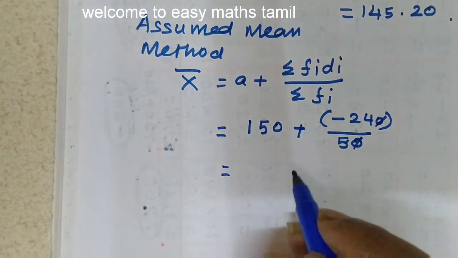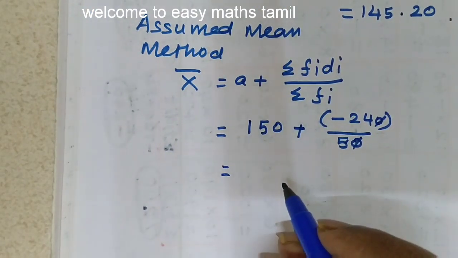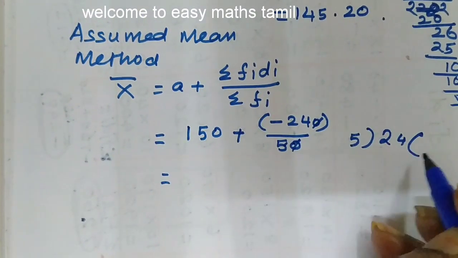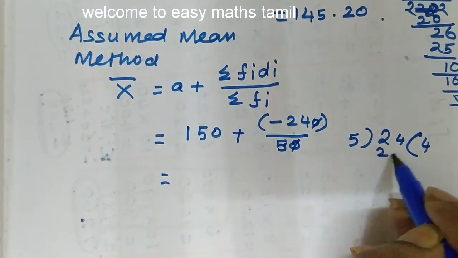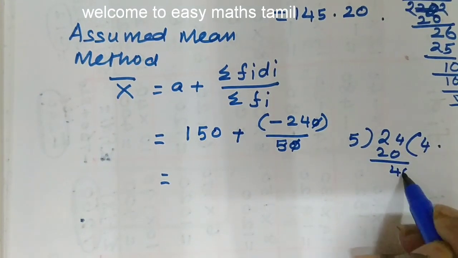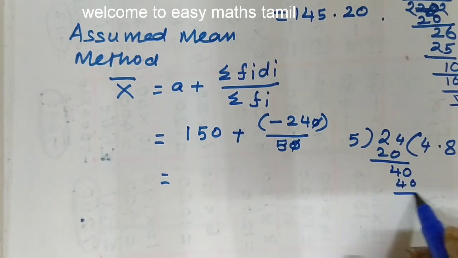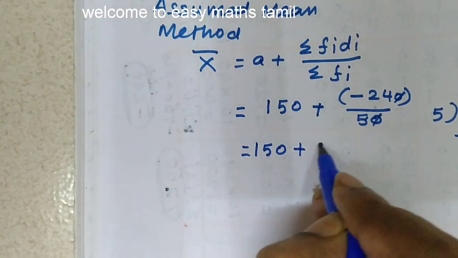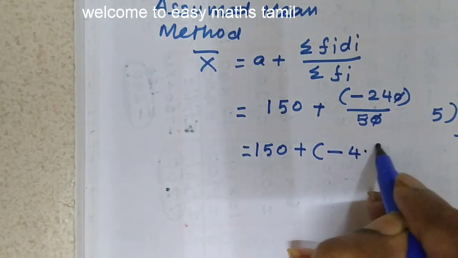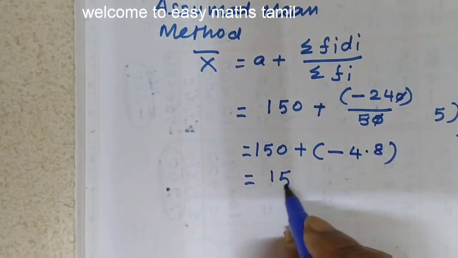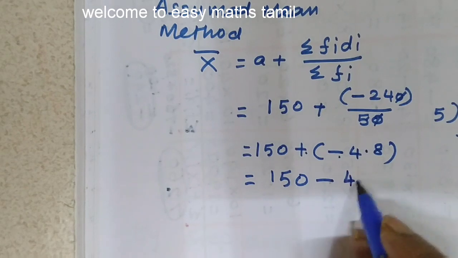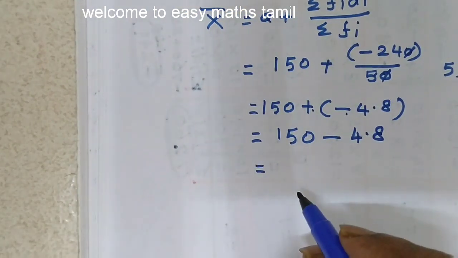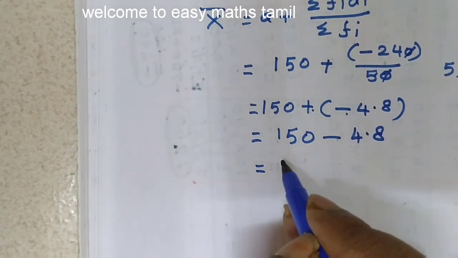So 150 plus minus 4.8, 150 minus 4.8 is 145.20.